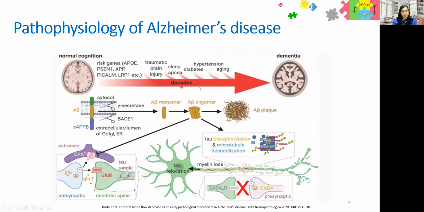This process takes several decades to form and involves the formation of amyloid beta monomers, amyloid beta oligomers, and the phosphorylation of tau proteins, which are in the axons of the neurons in the brain. With hyperphosphorylation, these microtubules deteriorate and are damaged. And so this involves neurodegeneration in the long process.